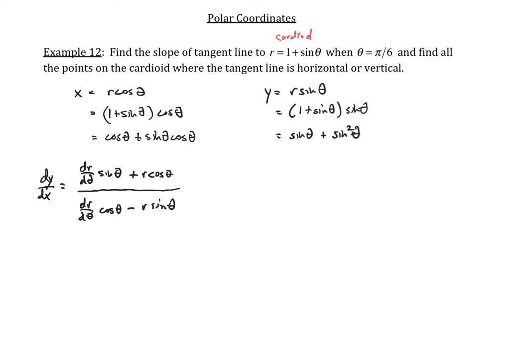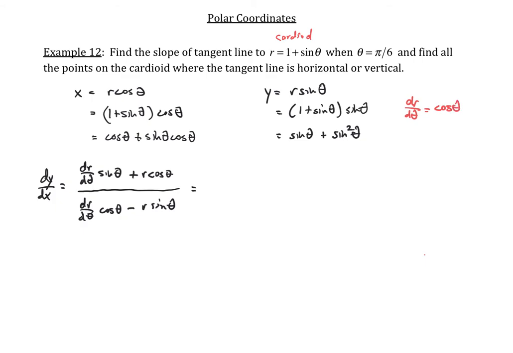So let's try to calculate what this is. Now my r is 1 plus sine theta, so our dr/d theta, maybe I'll calculate that off to the side just because we need to use it. dr/d theta is going to be equal to, the derivative of 1 is 0, and the derivative of sine is cosine, so that's cosine of theta.